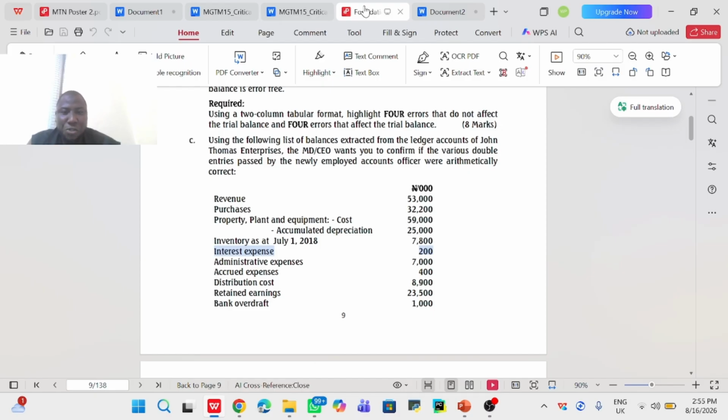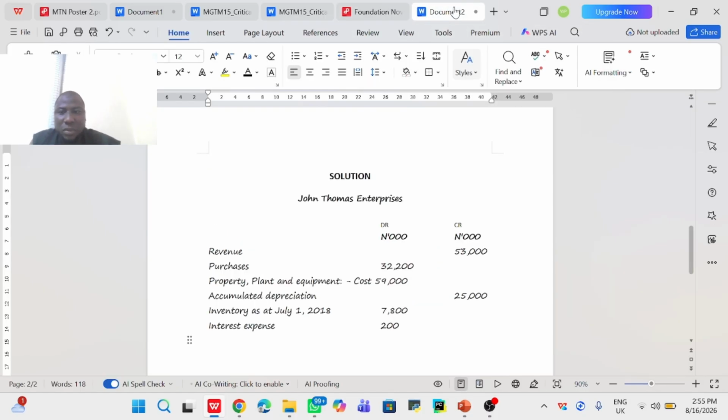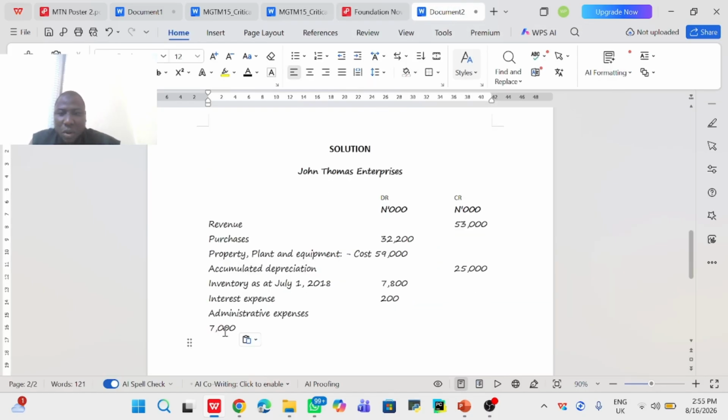That annual interest you are paying is your expense, and it will be debited according to the double entry principle. Administrative expenses is also an expense which will be debited according to the double entry principles.